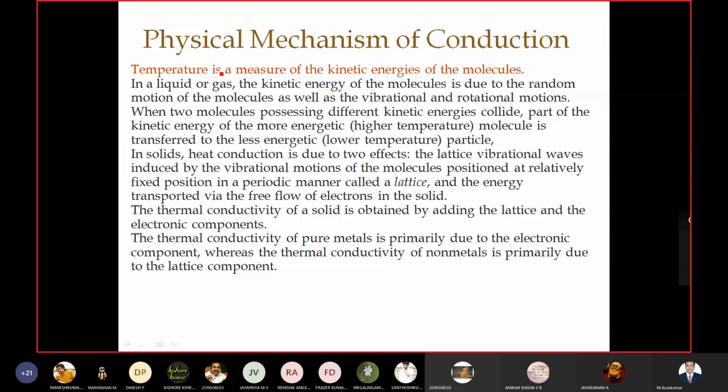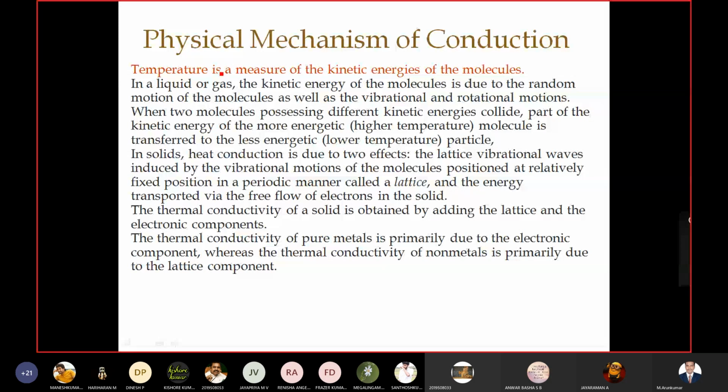When two molecules possessing different kinetic energies collide, part of the kinetic energy of the more energetic molecule is transferred to the less energetic one. Actually, this kinetic energy is transferred from the more energetic molecules to the less energetic particles.